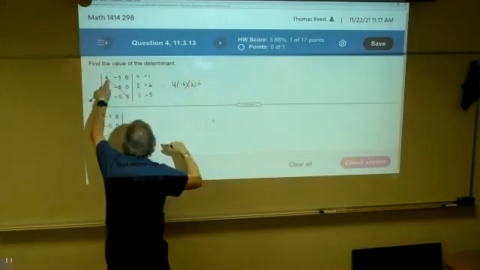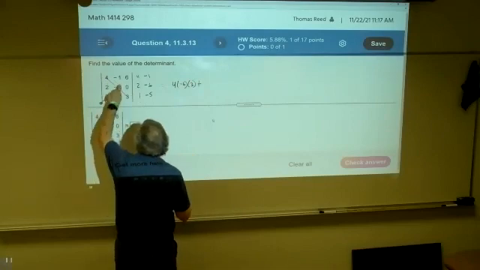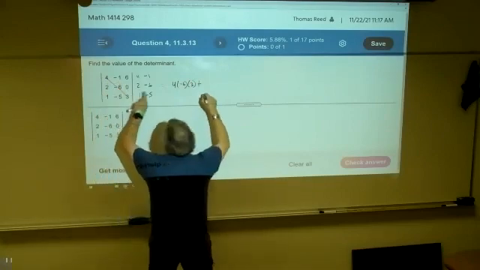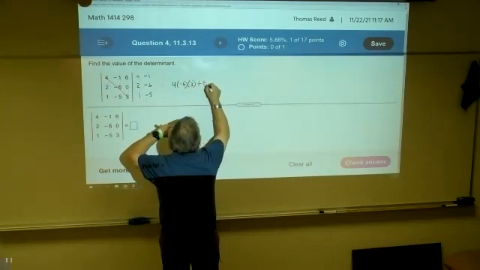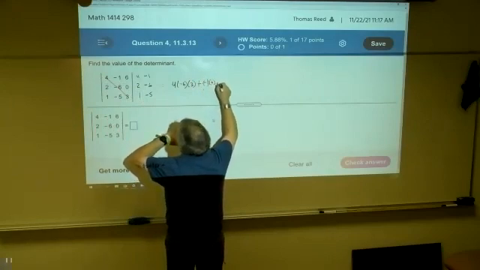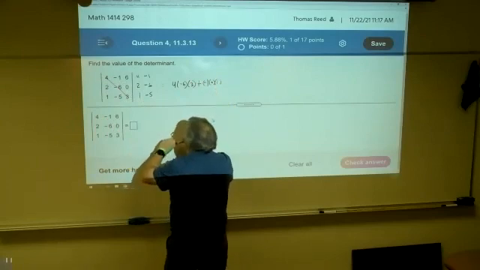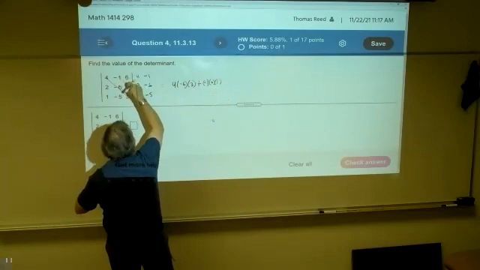Plus the diagonals going in the direction of the main diagonal, I'm adding. So -1, and I write this down even though I know it's going to disappear: -1 times 0 times 1. That was this diagonal.